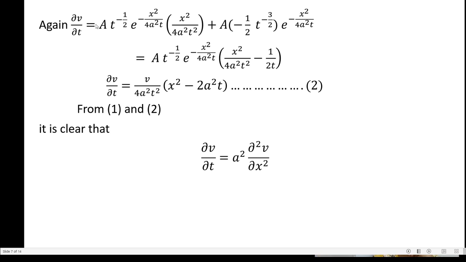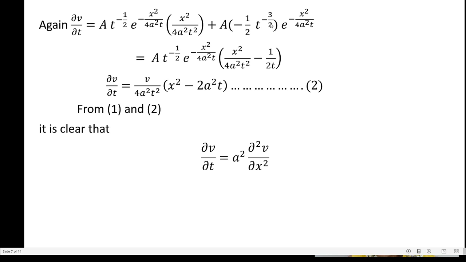Plus a into t to the power of minus 1 by 2 differentiation, minus 1 by 2 into t to the power of minus 3 by 2, right? Into e power minus x square divided by 4a square into t, right? Next, a into t to the power of minus 1 by 2 e power minus x square divided by 4a square t, take as common. We have this term x square divided by 4a square into t square minus 1 by 2t.